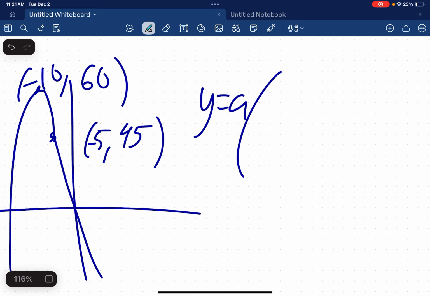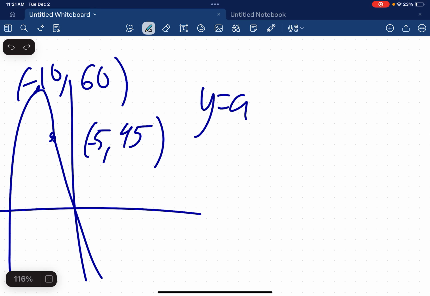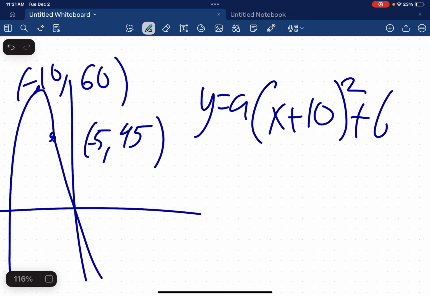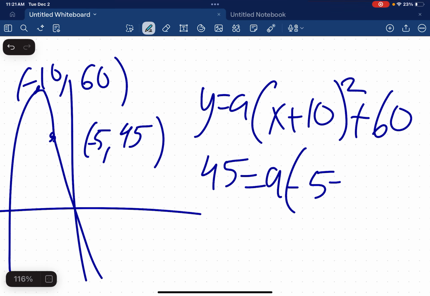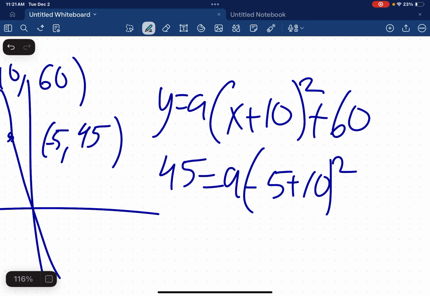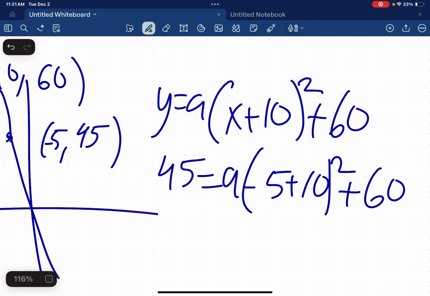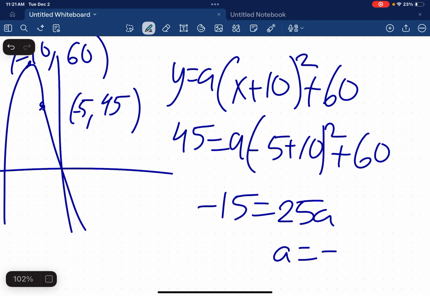I can already assume that a is going to end up being negative. Plug these points in: 45 is equal to a(-5 plus 10) squared plus 60. Negative 15 is equal to 25a. A is equal to negative 15 divided by 25, which is what, like 3/5.